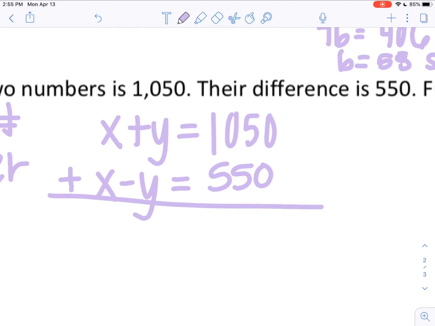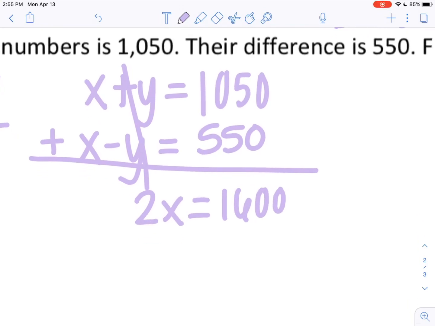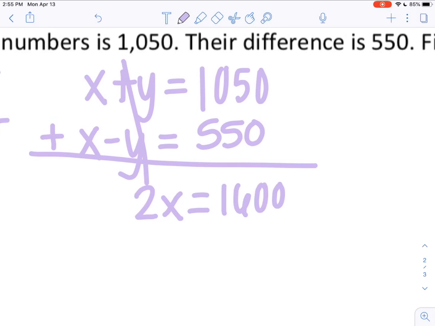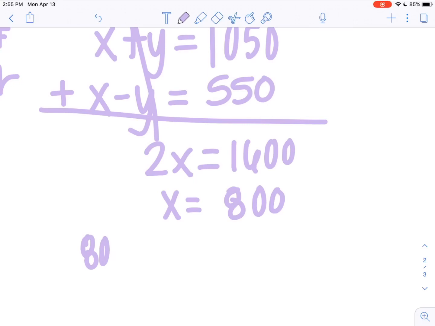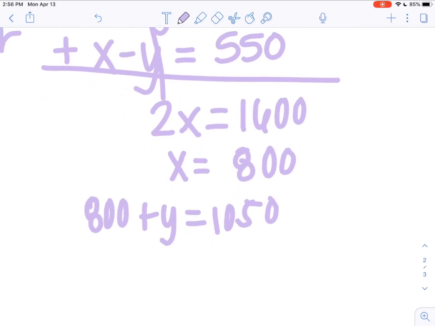Easy setup for elimination. 2x equals 1,600. So x equals 800. Okay, again, you could plug it into any equation that you want. I'm just going to do it into the top one. So 800 plus y equals 1050. So y equals 250.